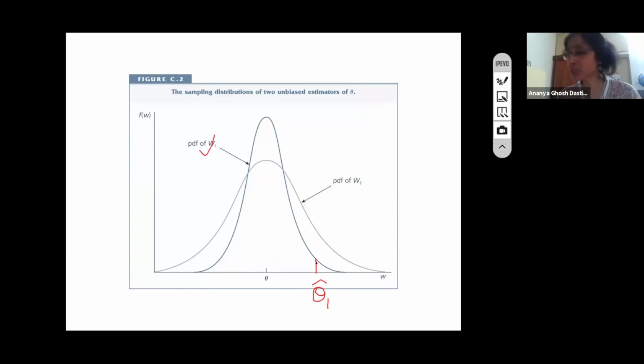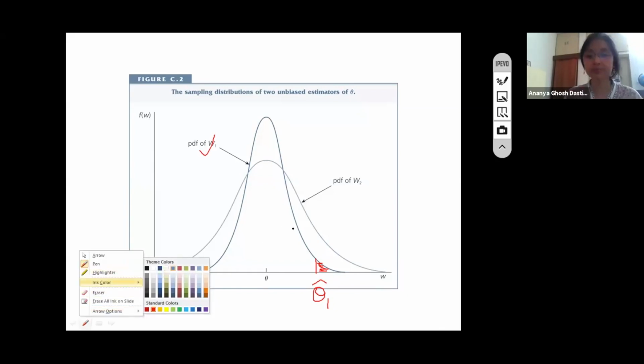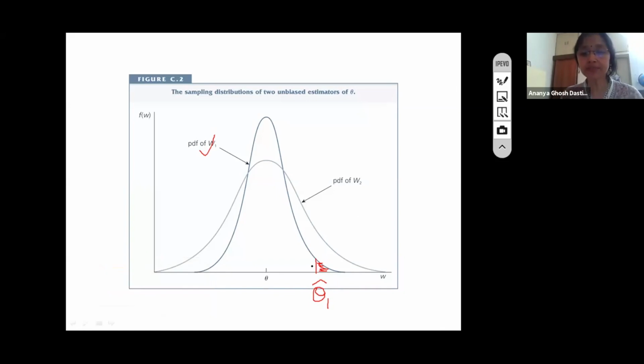So remember, what is probability in a density? It is area under the curve. So this bit is the probability if I'm using W1. But what about the probability when I am using W2? If I'm using W2, look at the probability. The probability is this whole blue area, much more.